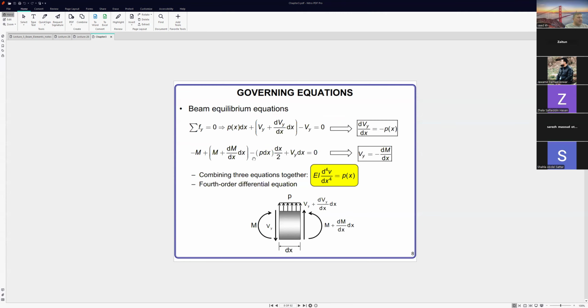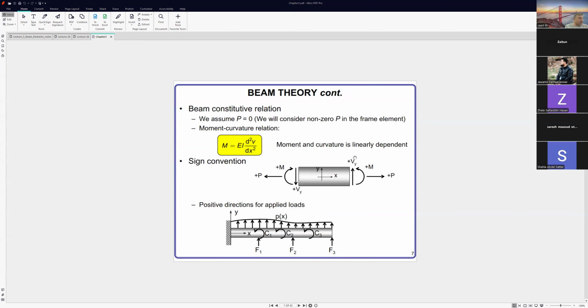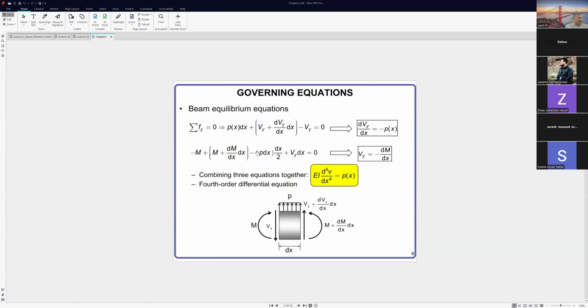So the V equation, we will take this one. But for the P, we have P is equal to dV over dx, and the V is also equal to minus dM over dx. This means P is equal to minus the second derivative of M over dx squared, okay? So the second derivative is important, let me write this one again.